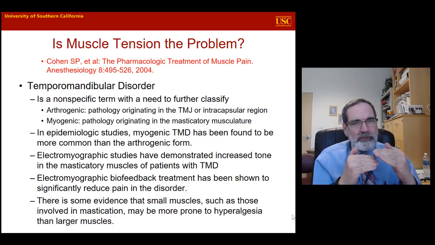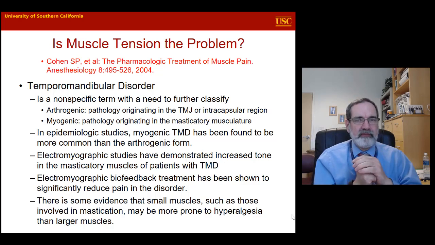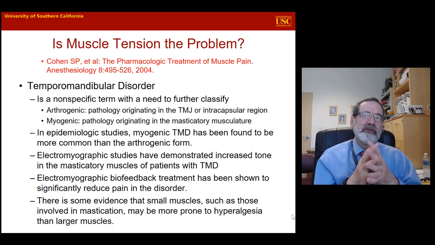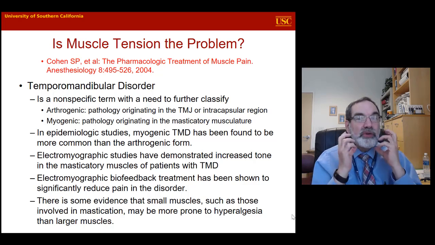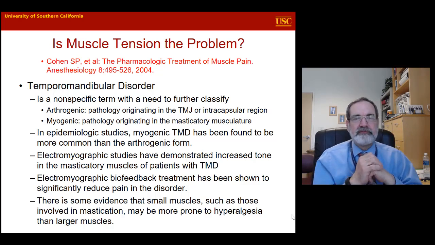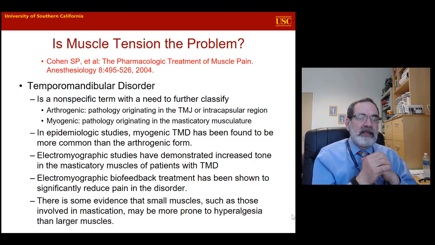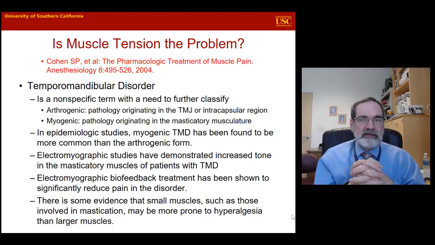But for now, I'm just going to break it down to arthrogenic and myogenic. Arthrogenic pathology basically is stemming from the temporomandibular joint. And myogenic pain is stemming from the masticatory or chewing muscles. In epidemiologic studies, the myogenic form is more common.